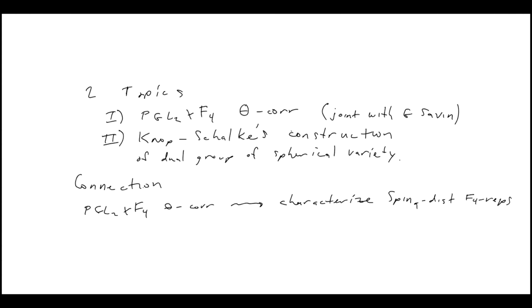And so in particular, this puts us in the realm of the relative Langlands program, specifically dealing with the rank 1 exceptional spherical variety of F4 mod spin 9.